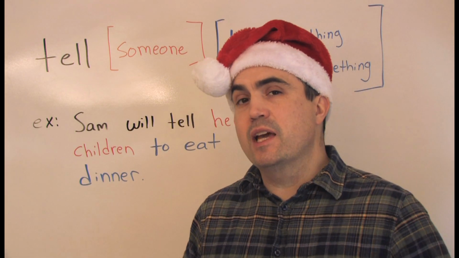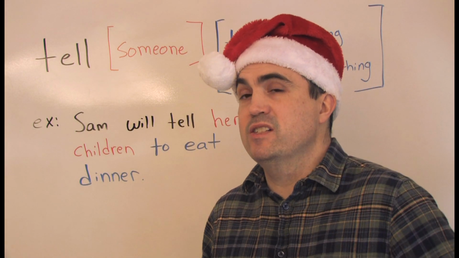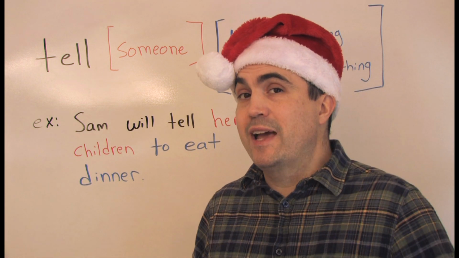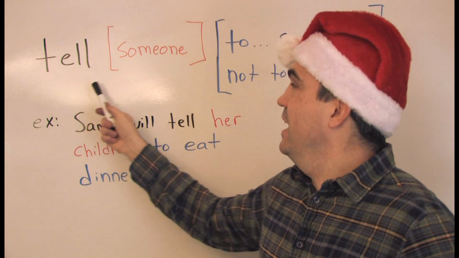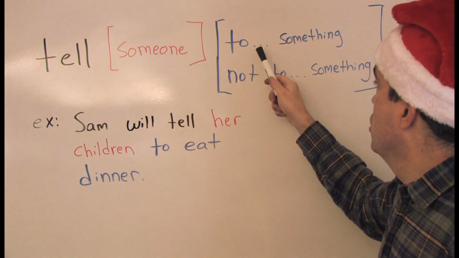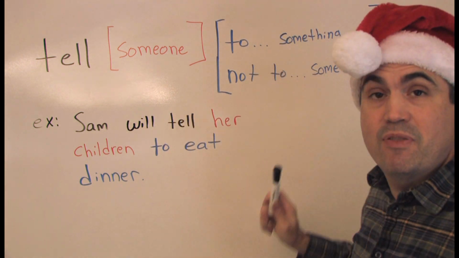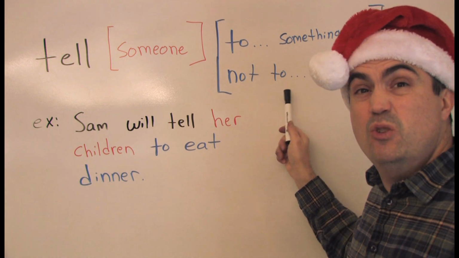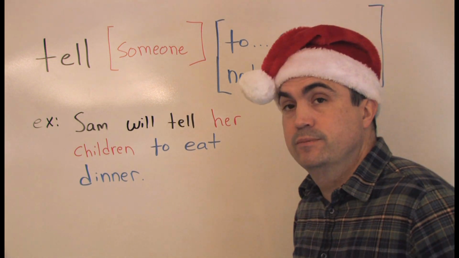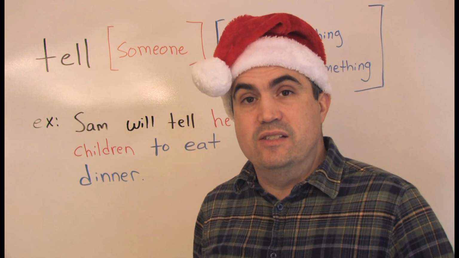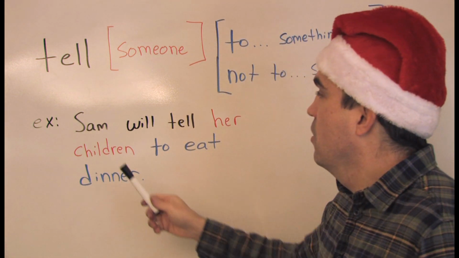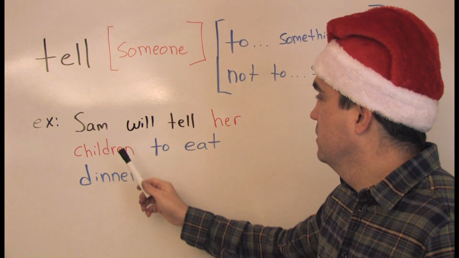All right, talking about commands or imperatives, things you must do, you have to. We're going to use tell here, okay? So tell someone to do something or not to do something, right? Tell your roommate to do the dishes, right? Or here's another example.